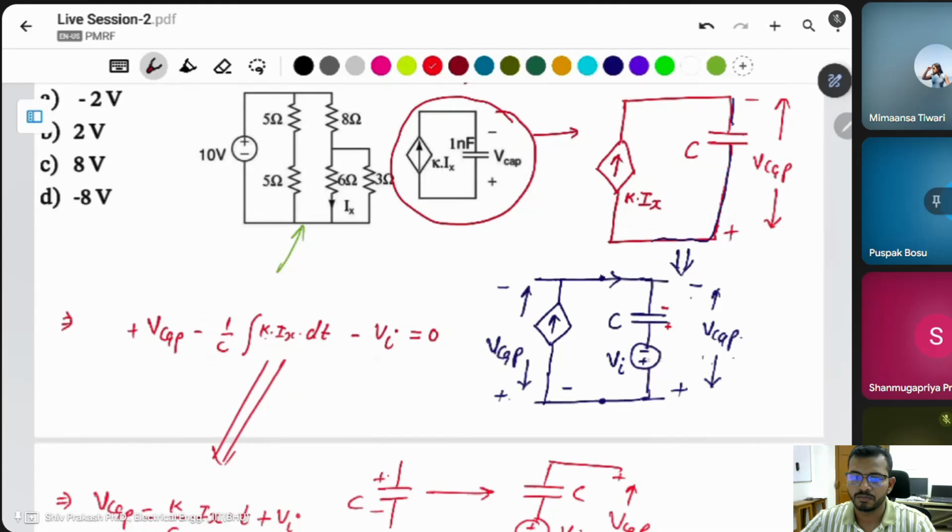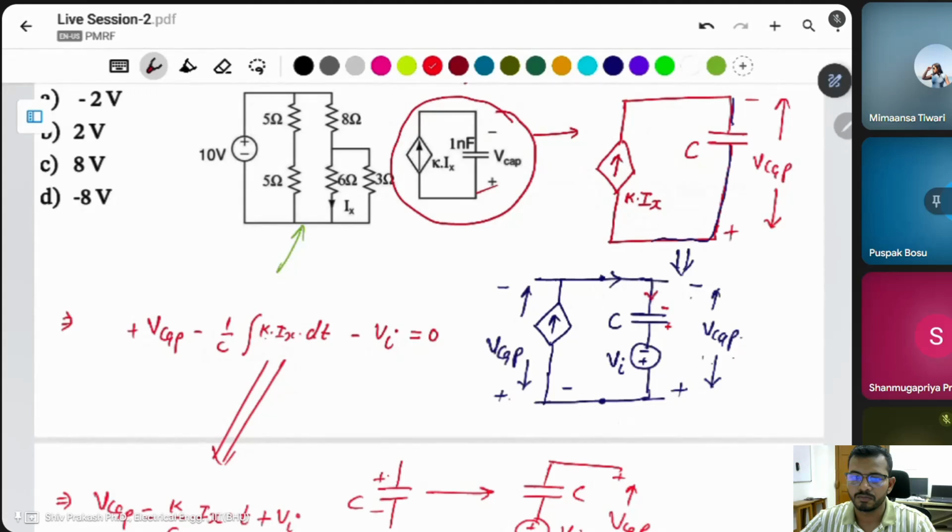The plus sign is plus, the minus is minus, the same as given. The total capacitor voltage V cap is the capacitor voltage and the initial voltage. Then this is the current flowing through it. Then for the current, we have to apply the KVL.